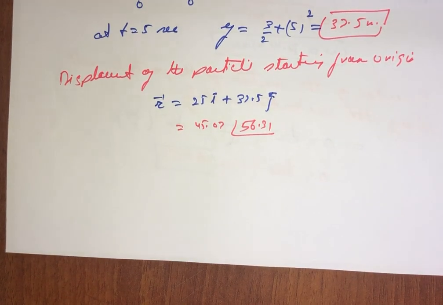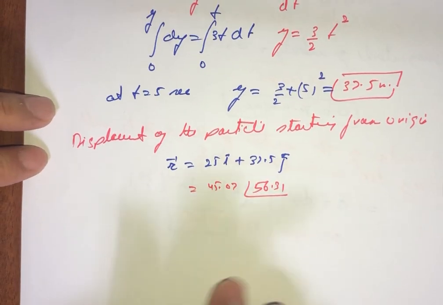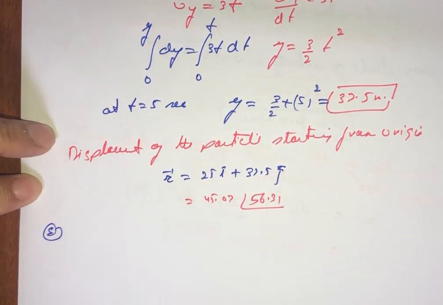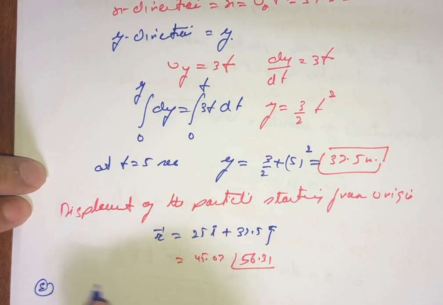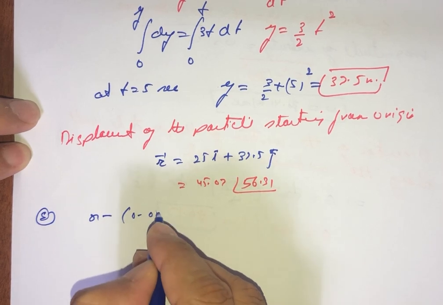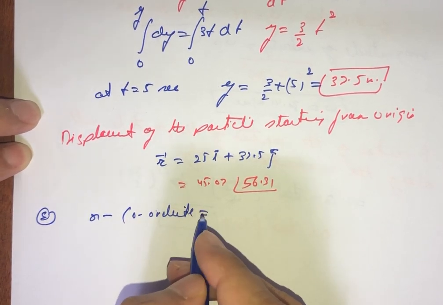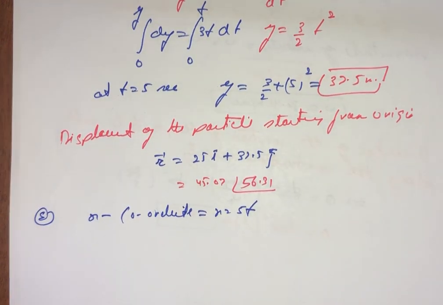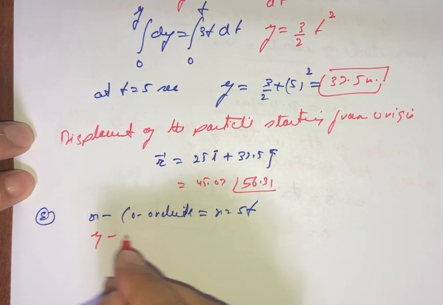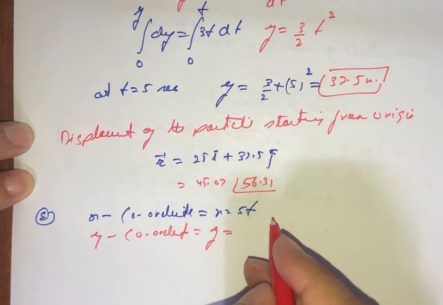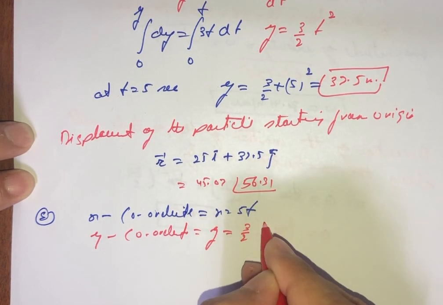And the last part is we are supposed to find out the equation of trajectory. Equation of trajectory means we are simply going to remove the time variable. So the x coordinate is given as x equal to 5t, and the y coordinate is y equal to 3 by 2 t square.